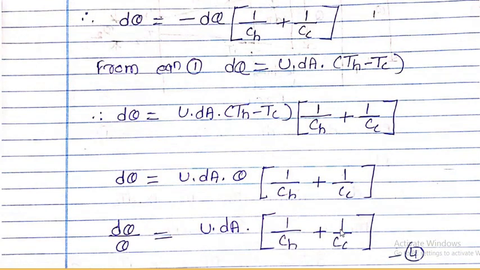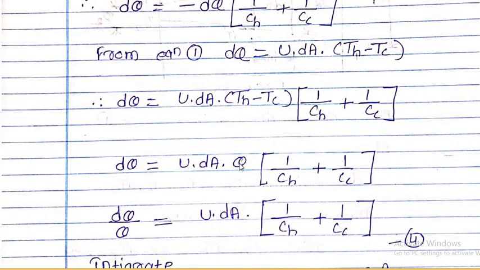Therefore, if you take the theta term on this side, we get the equation d theta divided by theta is equal to U multiplied by dA multiplied by bracket 1 divided by C_h plus 1 divided by C_c. Now we have to integrate this equation over the area.